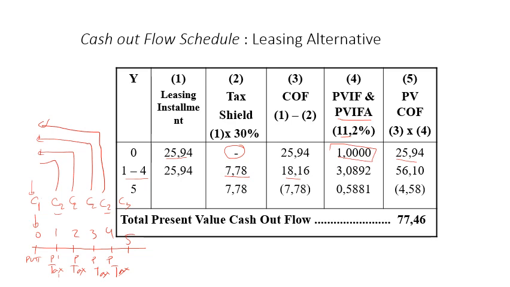Yeah, so this is the same as the loan alternative cash outflow schedule. Okay, so using the PVIFA, that is 1 minus 1 plus I to the minus 4, yeah, 1, 2, 3, 4. So these two have the discounting factor like this over I, then it gives you 3.0892 here.